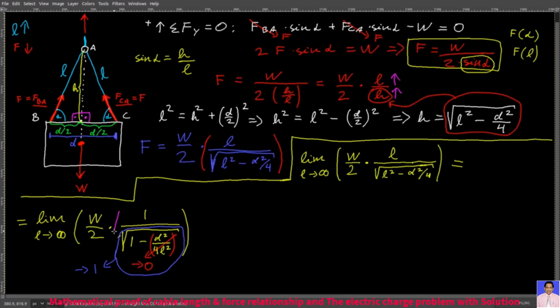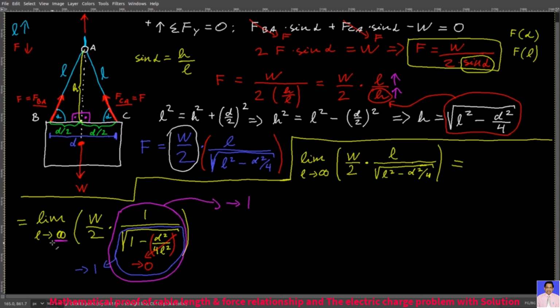And now here, you have 1 over something that approaches 1, which means that this entire ratio approaches 1 as L approaches infinity. And now remember, this ratio was greater than 1. So you multiplied W over 2 by something that was greater than 1. So your force was definitely greater than W over 2.